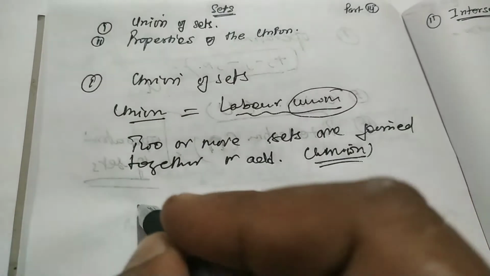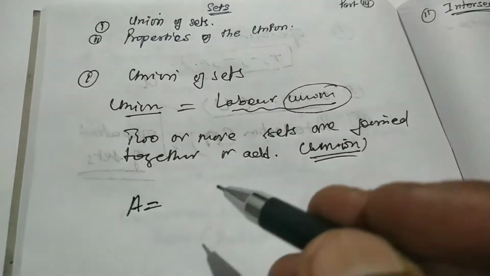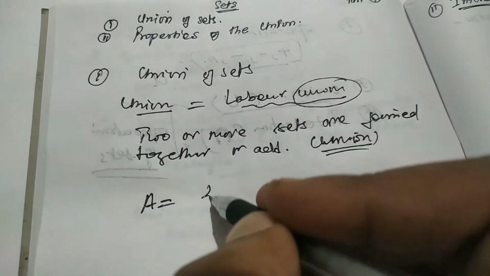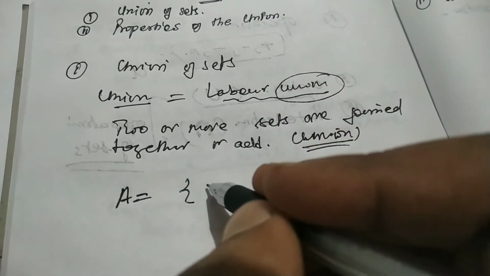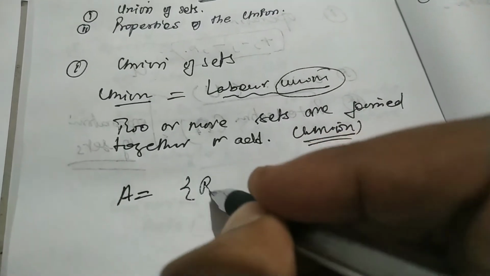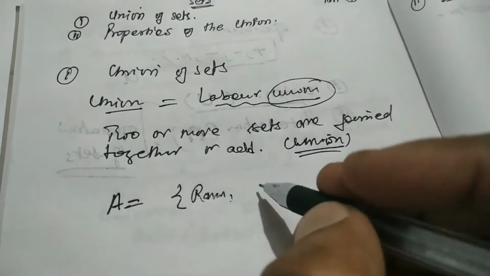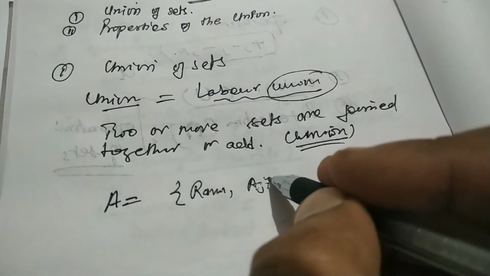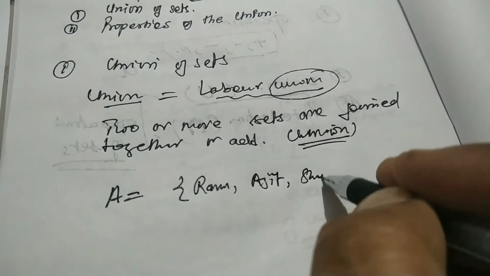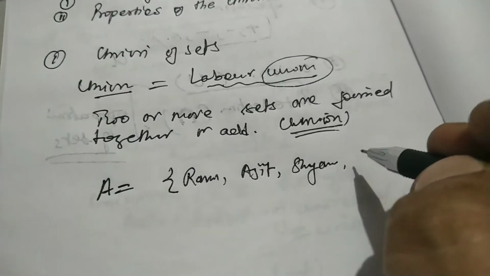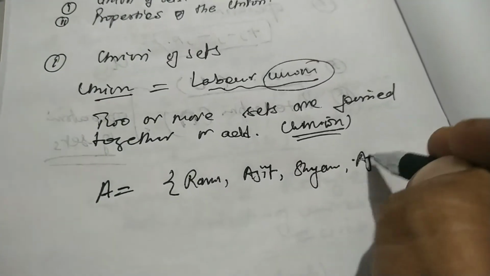Example: we have a group A, that means set A. There are four people: Ram, Ajit, Shyam and Ajay.